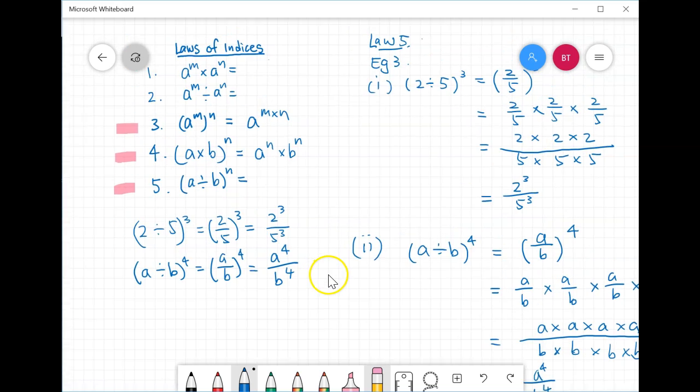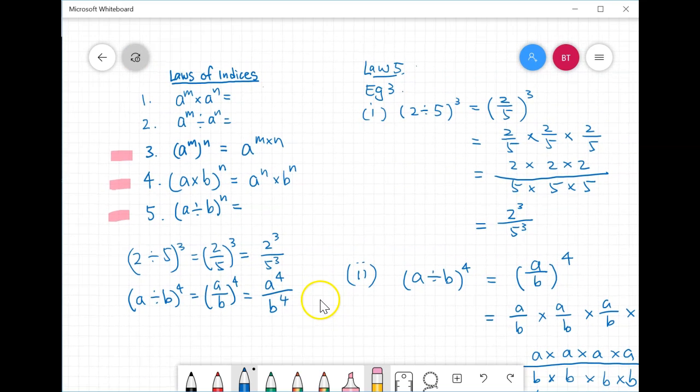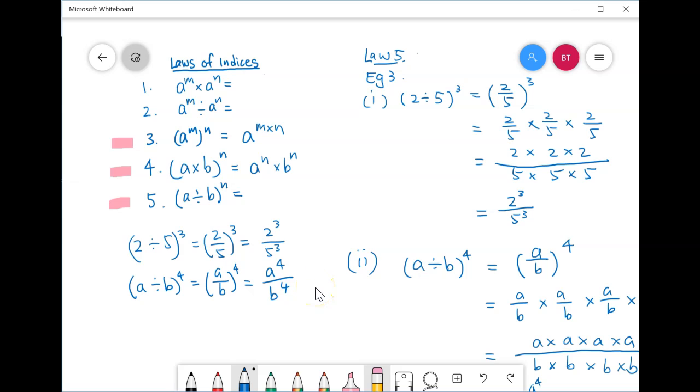So now we're prepared to generalize law 5: a divided by b to the power of n becomes a over b to the power of n becomes a to the power n over b to the power of n. So this concludes the discussion on the 5 laws of indices.